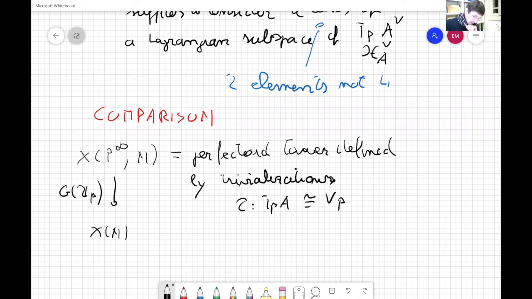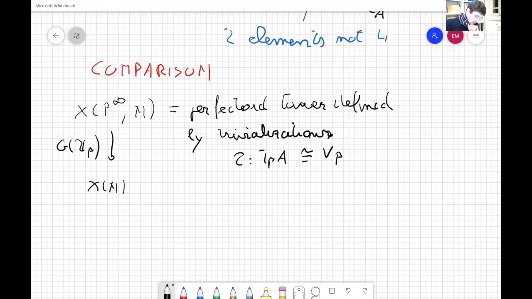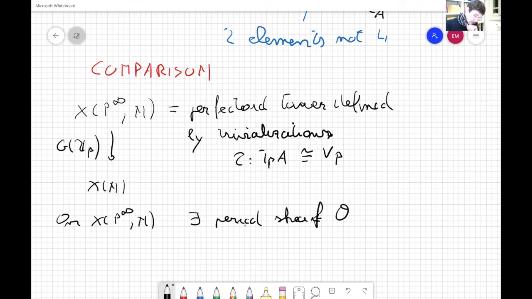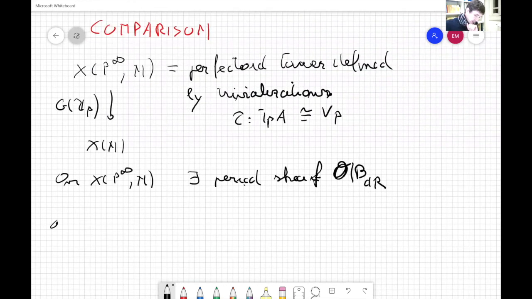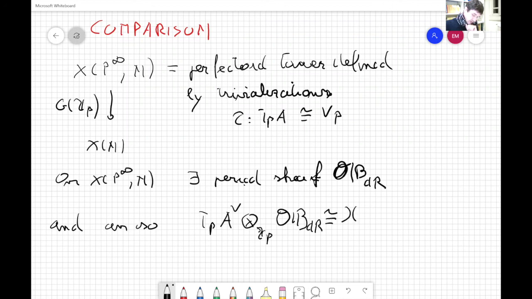So I will need this theory, okay, and the good point is that on this perfectoid tower we have these very big period sheaves, which in our case will be O B_dR, that actually gives, we have also an isomorphism between the p-adic module, dual, tensor Z_p O B_dR with H_A.